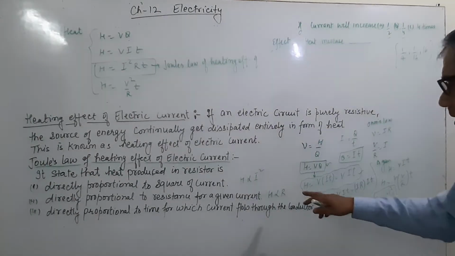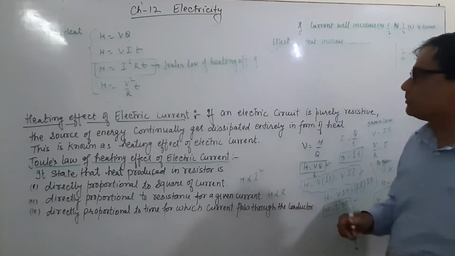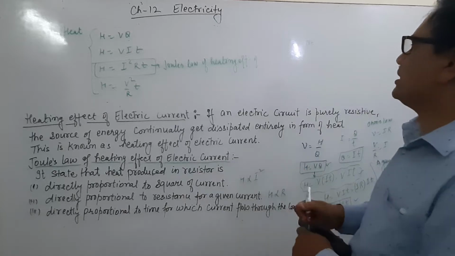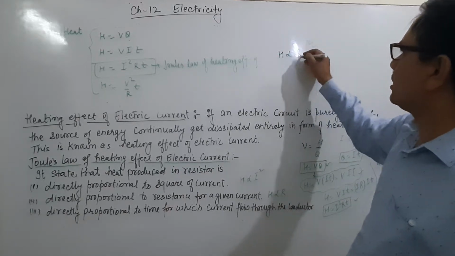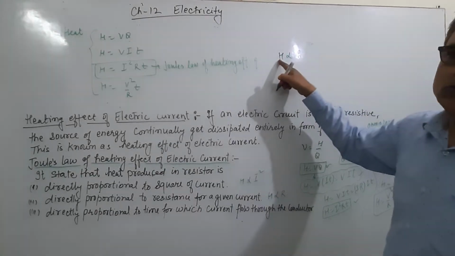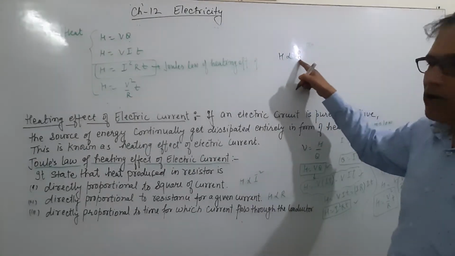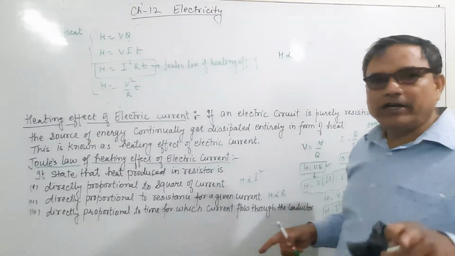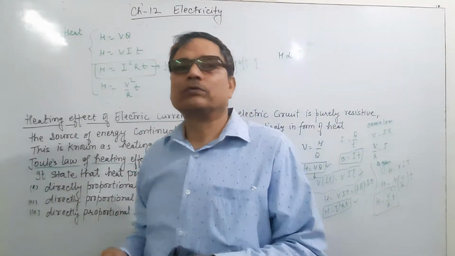Hence the heat is less. Now, since H is directly proportional to resistance, if the resistance doubles, then the heat also doubles. If the resistance becomes half, then the heat will also become half. Why? Because heat is directly proportional to resistance.